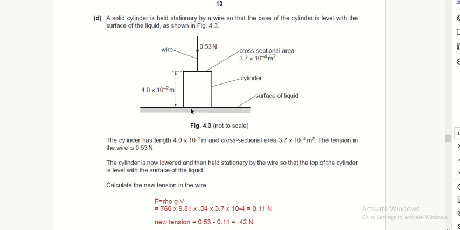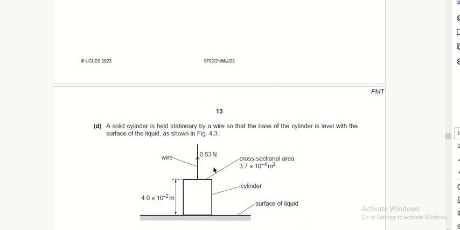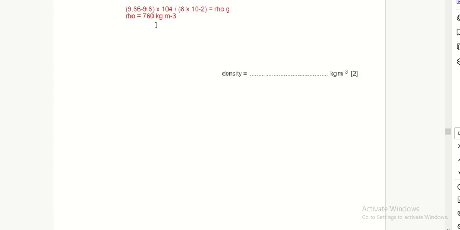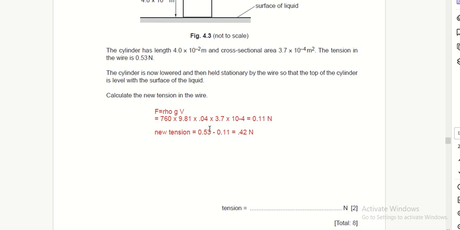So let us see, the upthrust force equals rho g V, because P equals rho g h, and P equals force over area, so force equals rho g h A, which is rho g V. Substitute for them all. The density of the liquid, we found before to be 760. g is given.